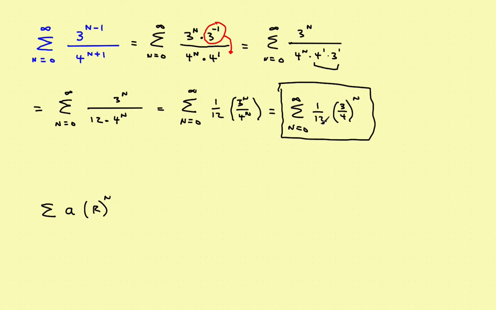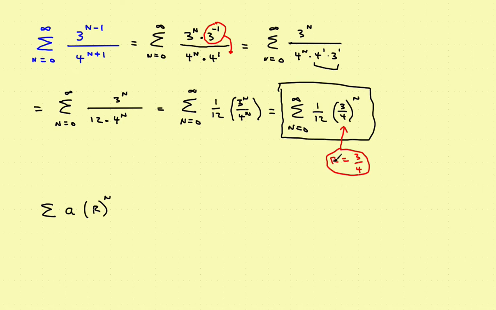So that's going to be A, and that's going to be R. So here are the things you know at this point. Now the question is, does it converge or diverge? Well, again, just looking at the common ratio, that term right there, you can see that R is equal to 3/4.